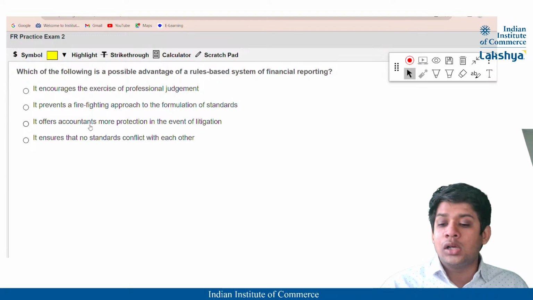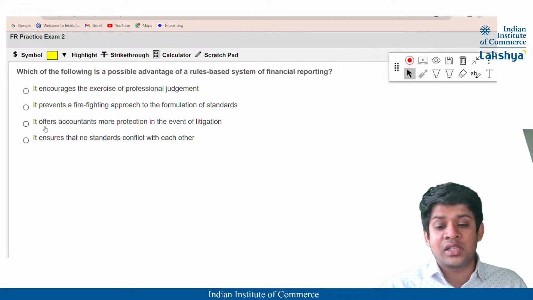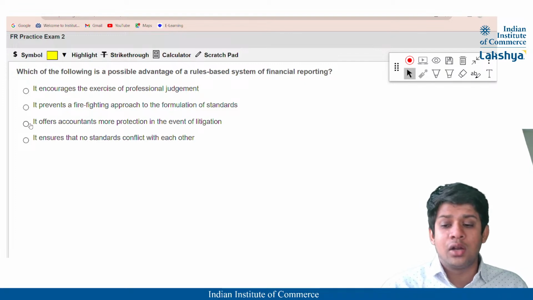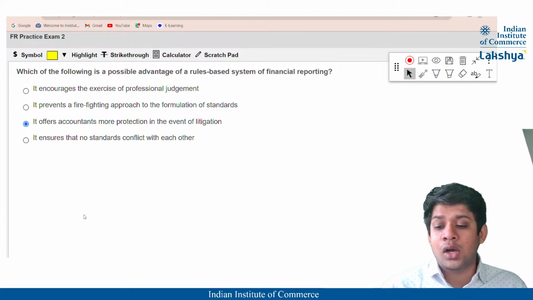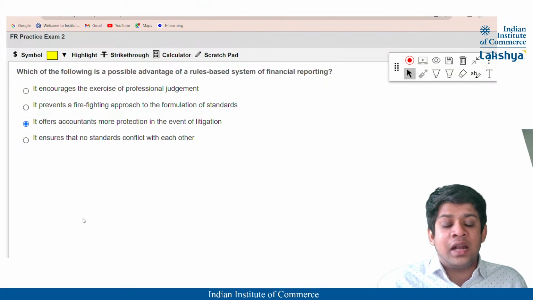Okay. Third one, it offers accountants more protection in case of litigation. Yes, if the accountants have prepared the financial statements taking into consideration the accounting standards, the rule-based system which is available, then obviously they will not be penalized in case of any litigation. Correct? So obviously this will save the accountants because they have prepared the financial statements in accordance with the accounting standards.